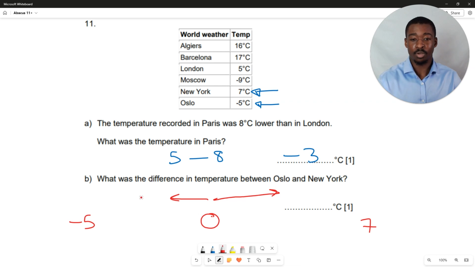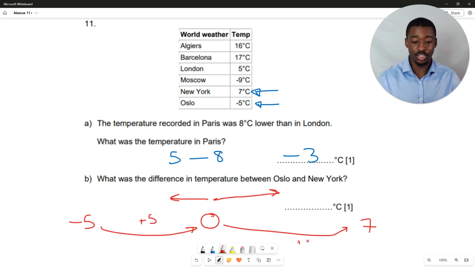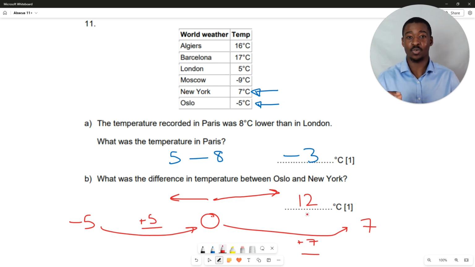No, because we have 7 and -5, we have to go across the 0, which means the actual difference is first getting from -5 to 0, which is 5, and then going from 0 to 7, which is 7. So it's 5 plus 7, giving us 12 degrees Celsius. That's the actual difference in temperature.